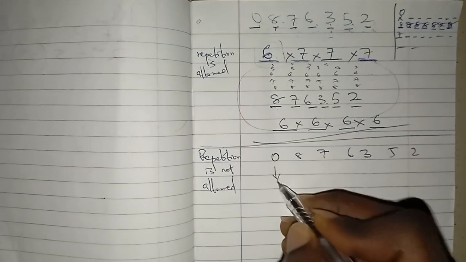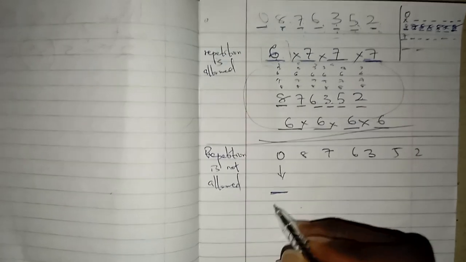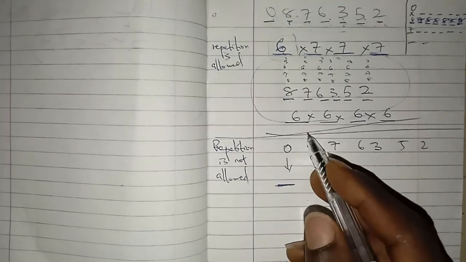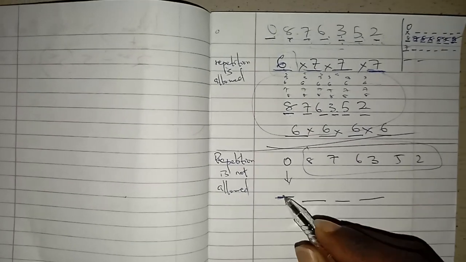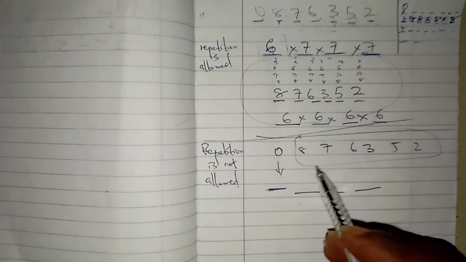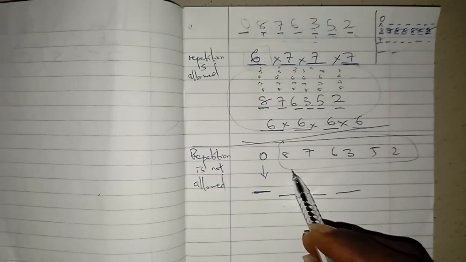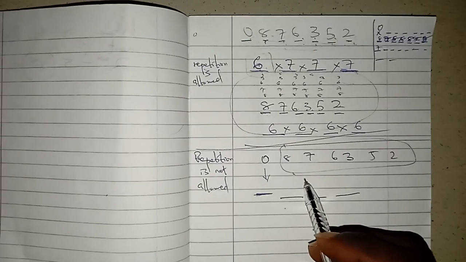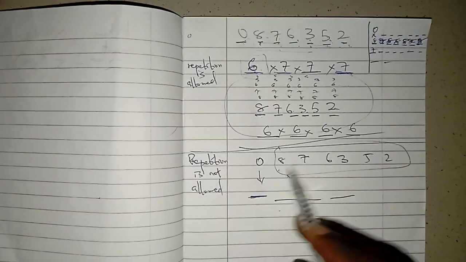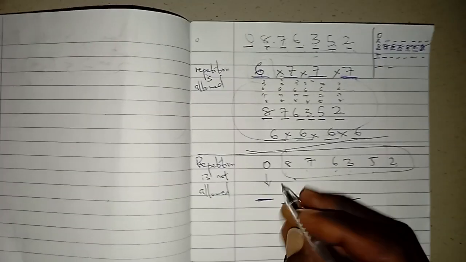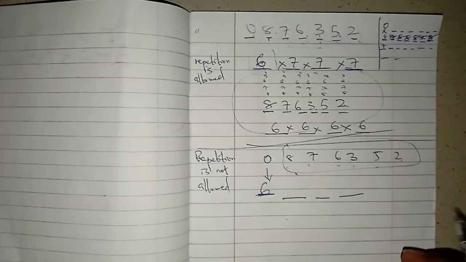0876352, remember, and 0 can't start the first place. So since 0 cannot start the first place, that means that when I'm going through this for the 4 digits, 0 cannot start. Remember, we take permutation and combination more when we think of looking at what is available, what are the options. I have 1, 2, 3, 4, 5, 6 options.